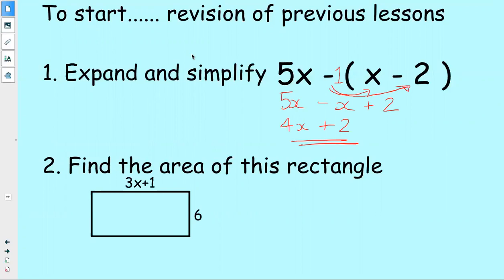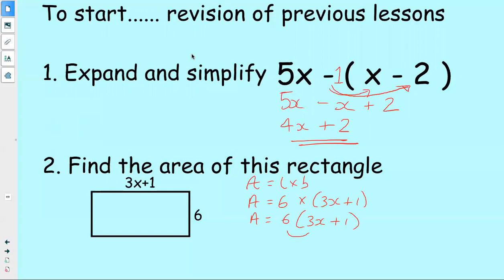Okay. Number 2, find the area of this rectangle. Now you know how to find the area normally, it's just the length times the breadth. It's the exact same here, don't get confused just because it's algebra. So the area is your length times your breadth. So it's going to be your 6 multiplied by your 3x plus 1. And you can write that as 6 multiplied with 3x plus 1 with no multiplication sign there.